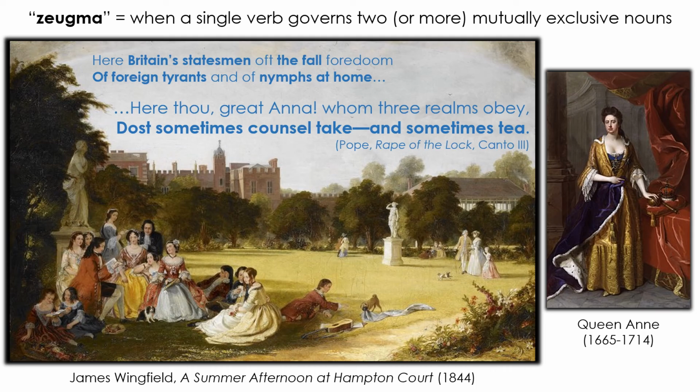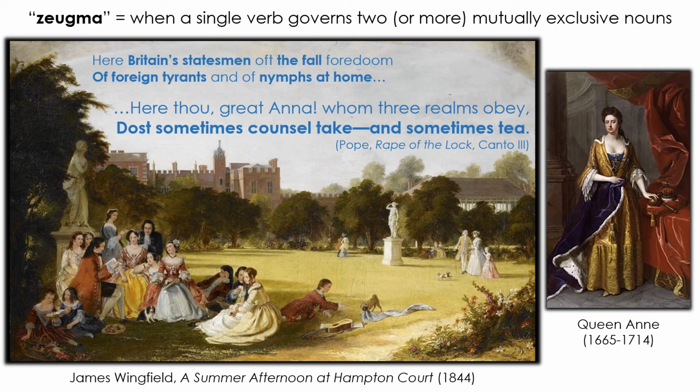It's an anachronistic picture. It's from 1844, so well over a century after The Rape of the Lock was published. But on the back is quoted this couplet from the poem, which I hope helps to show its continued resonance and importance for a long time after the poem was published. Dost sometimes counsel take, and sometimes tea.